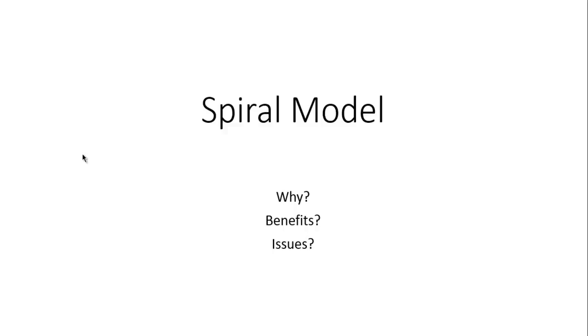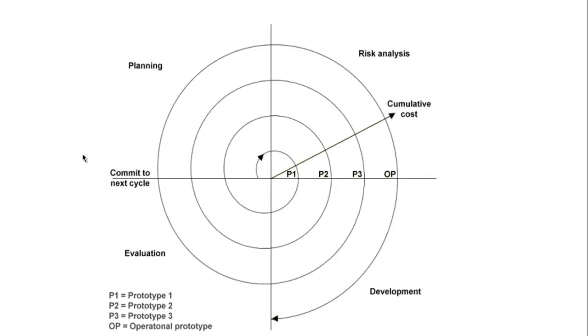Here you see the spiral starting from planning, then risk analysis, then development, then evaluation, and then the next cycle starts the same. As you can see, it goes through all this over and over and appears like a spiral.